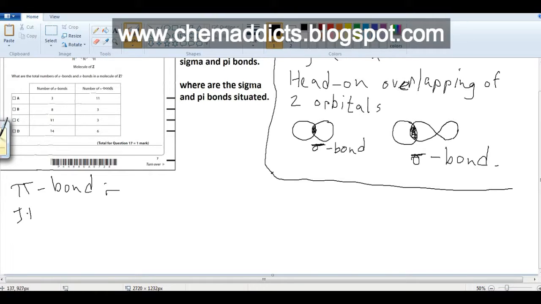It is the sidewise overlapping of orbitals.